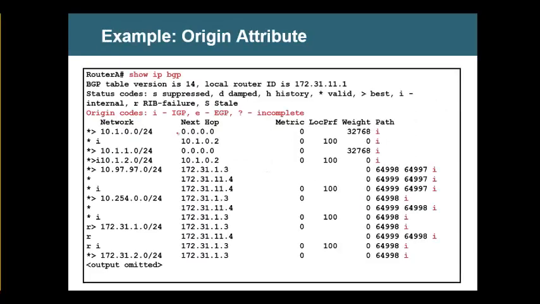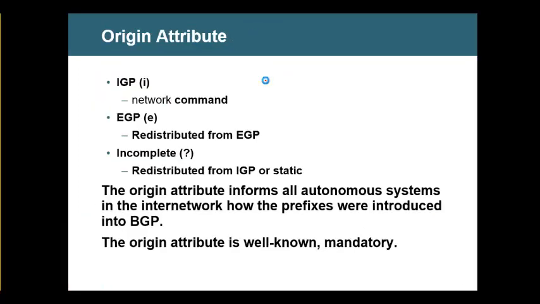I don't have a picture, but this is what explains it: the I is the origin code. If I have a question mark instead of I, that means a different thing. Now what is I and what is question mark? We will discuss in detail as we come here.